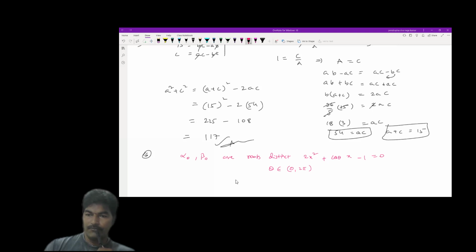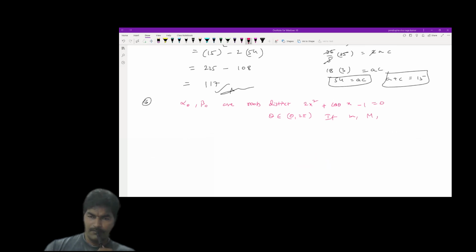If small m and capital M are the minimum and maximum values of alpha theta power 4 plus beta theta power 4, where alpha and beta are the roots of the equation in theta, then 16 times (m plus capital M) is equal to what?